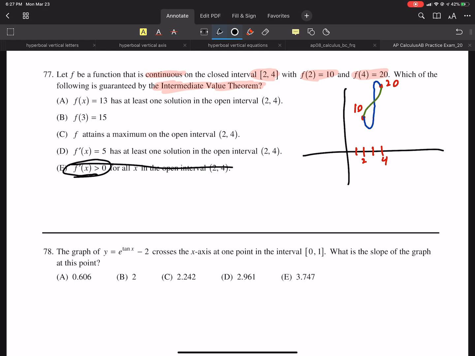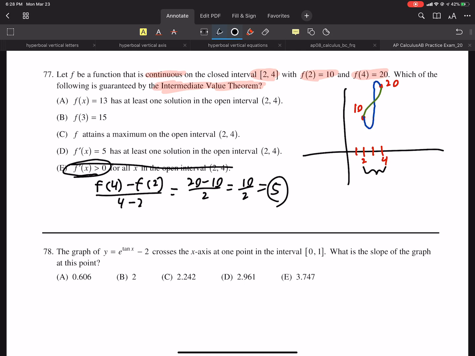Now, part D is kind of a tricky question because that's kind of related to the mean value theorem. The mean value theorem says the derivative will equal the average rate of change. So if I do f of 4 minus f of 2 over 4 minus 2, which would be 20 minus 10 over 2, which is 10 over 2, which is 5, we might say, hey, we are guaranteed that the derivative has to be 5 at some point between 2 and 4.